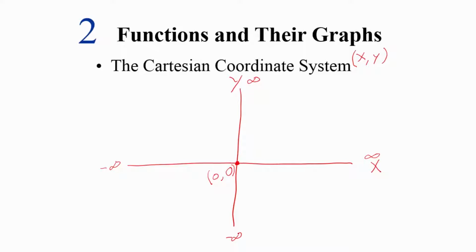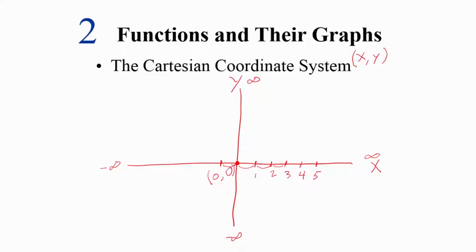So for any point, you have to choose the scale, by the way. You choose 1, 2, 3, 4, and so on and so forth. To the left, the same distance, from here to here, defines your 1 unit, and that has to be a constant distance.